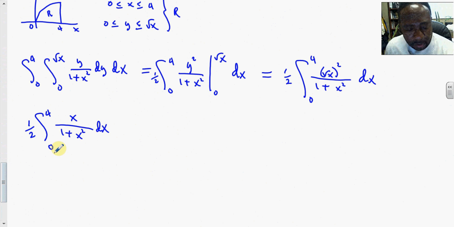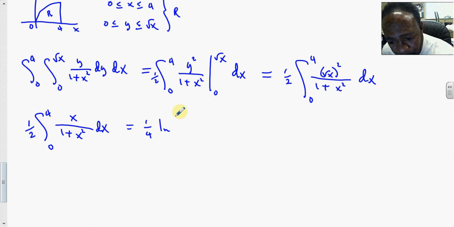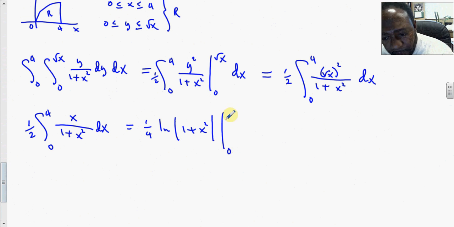So you know it's going to be a natural log. Let u equal 1 plus x squared. du is 2x dx. We get a 1/2 factor, right? So this is 1/2 times that 1/2 is 1/4 times the natural log of the absolute value of 1 plus x squared, and the x is evaluated from 0 to 4.